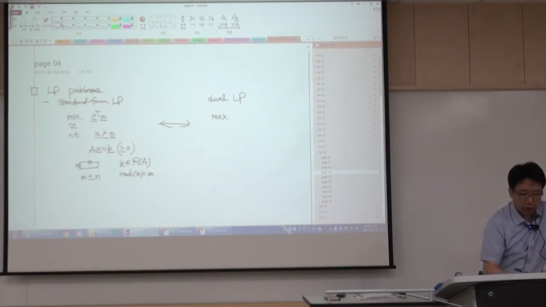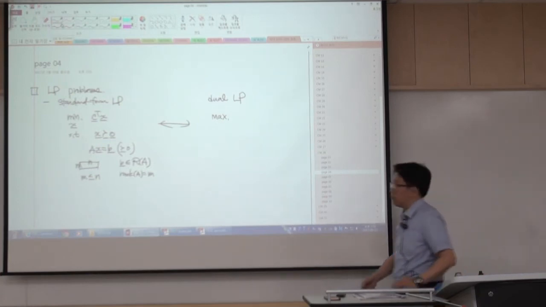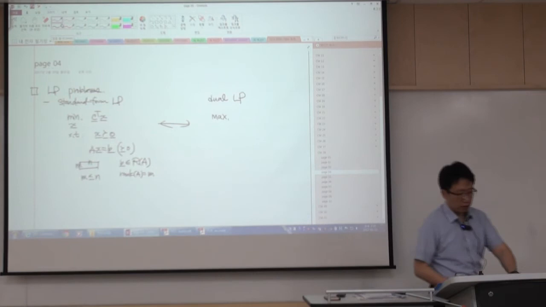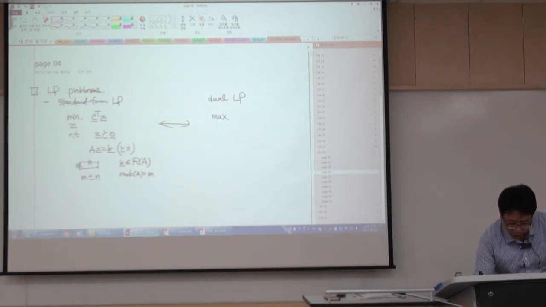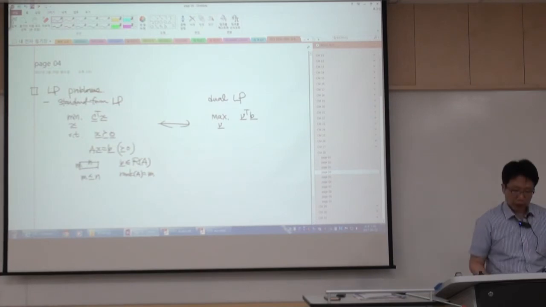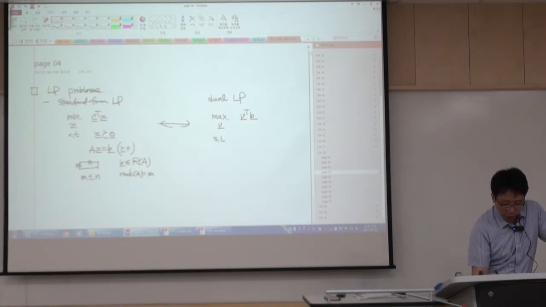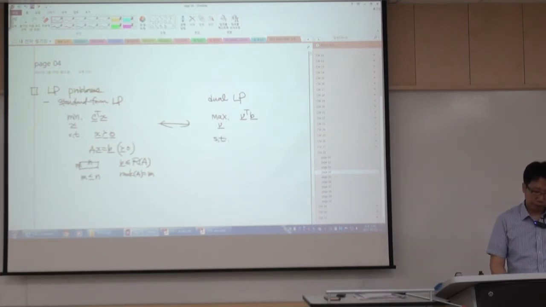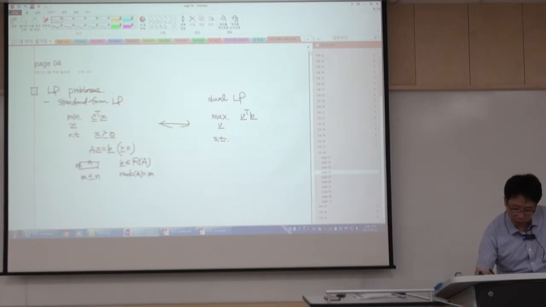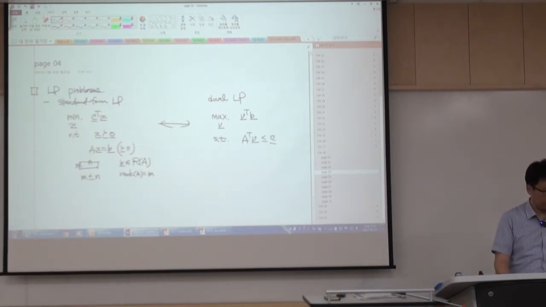If you follow the convention we used for lambda and nu, this must be a function of nu. So maximize nu transpose b, subject to A transpose nu less than or equal to c.